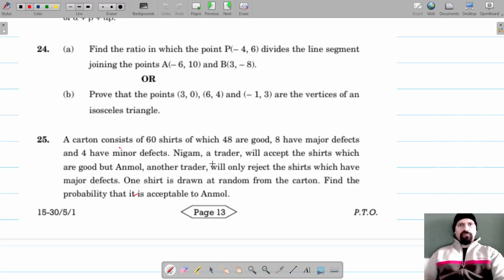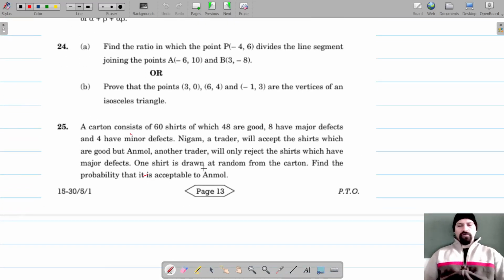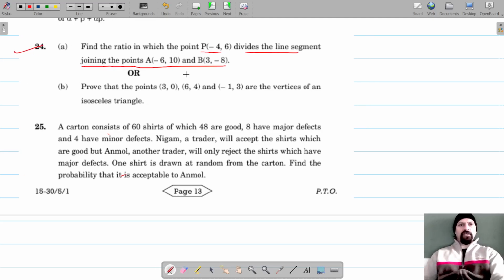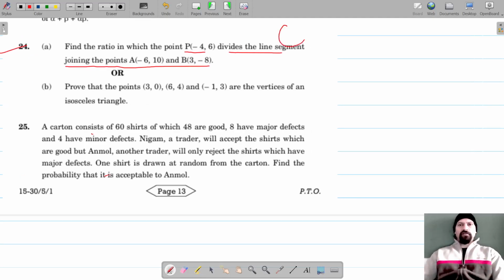Okay, for question number 24, part A, we have to find the ratio in which the point P (minus 4, 6) divides the line segment joining the points A (minus 6, 10) and B (3, minus 8).